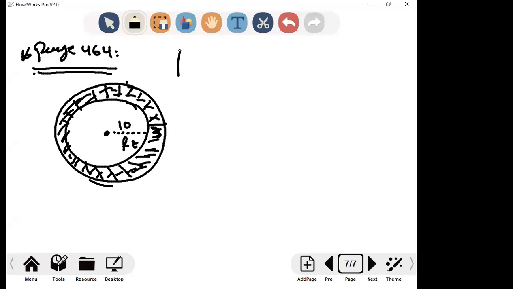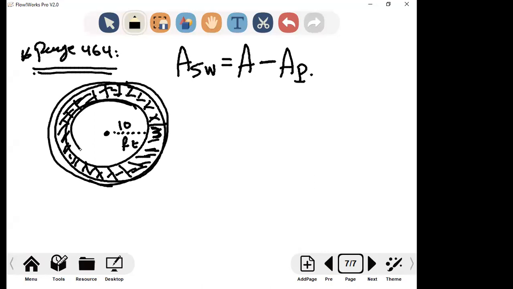Focus with me. Area of the sidewalk equals the whole area minus the area of what? Of the pool. What remains with me is the sidewalk, right? Focus with me.